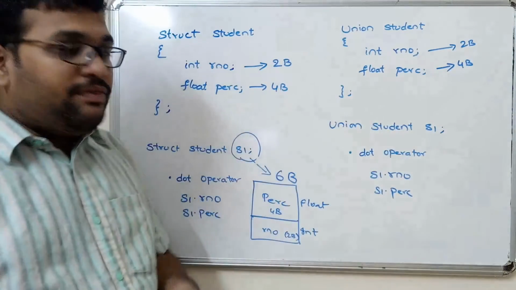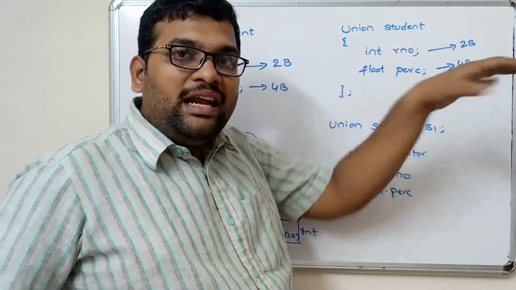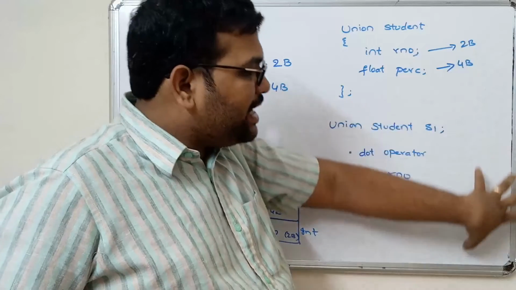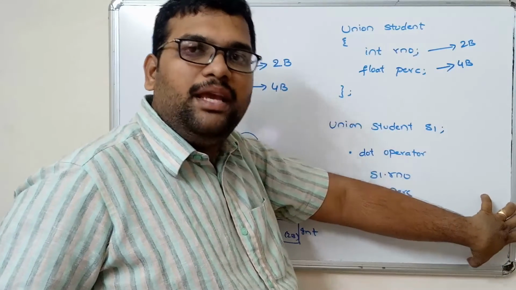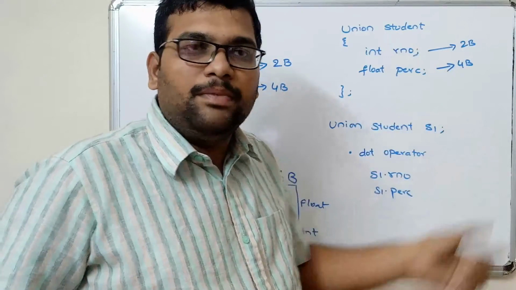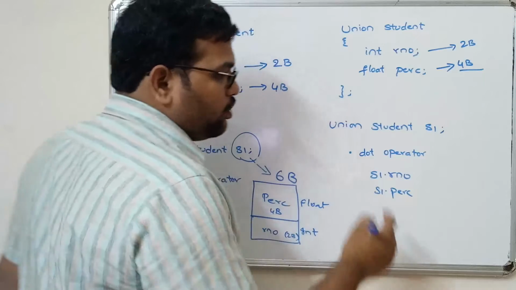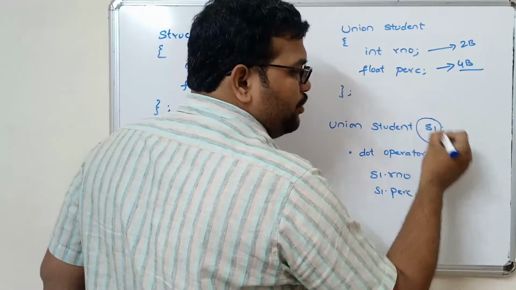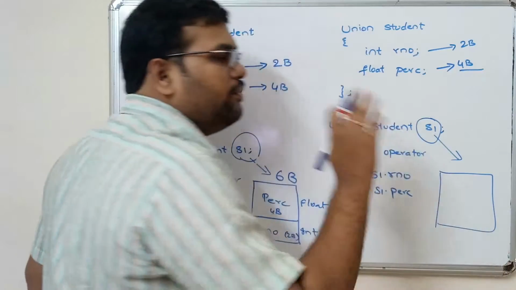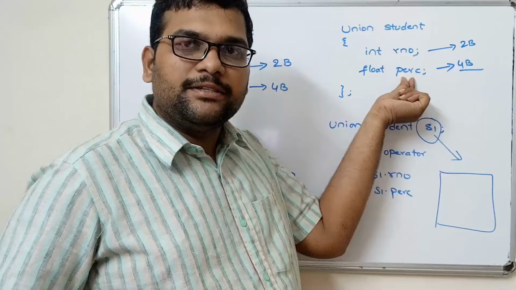So first it will check the sizes of the individual data members and consider the highest size, and that highest size will be shared between all the individual members. Which one is the highest? 4 bytes. So the total memory occupied by this union variable is only 4 bytes. Only 4 bytes will be shared between rnumber and percentage.